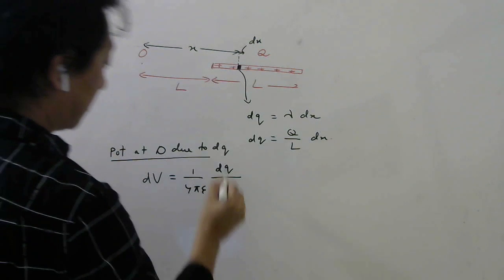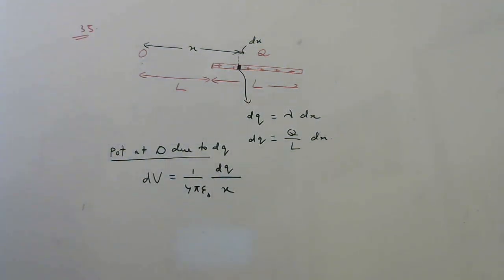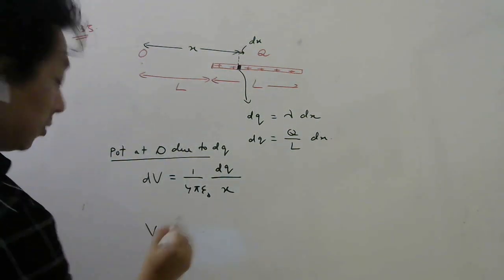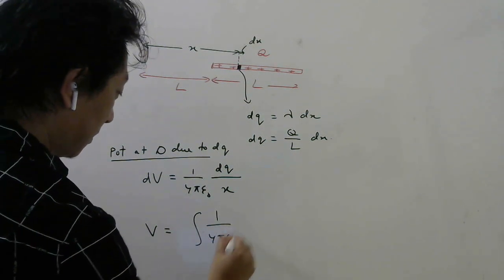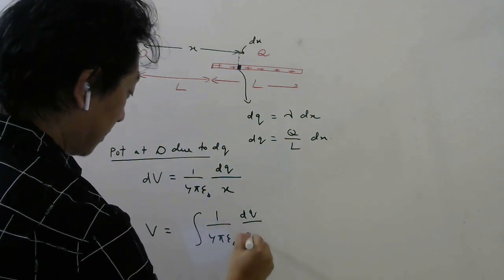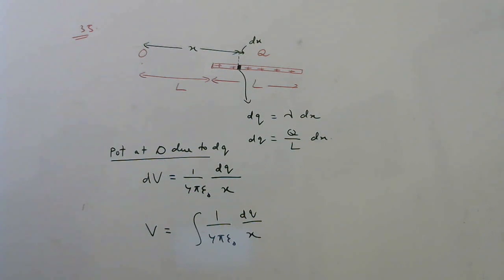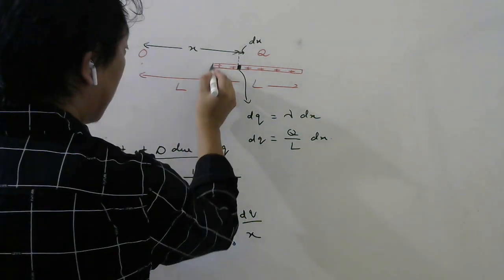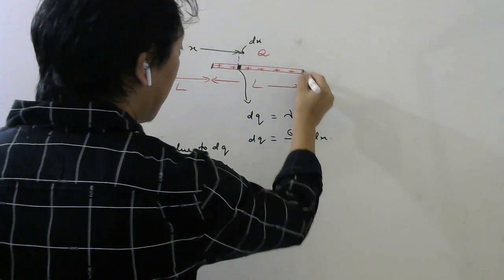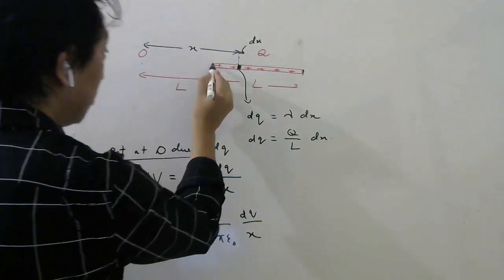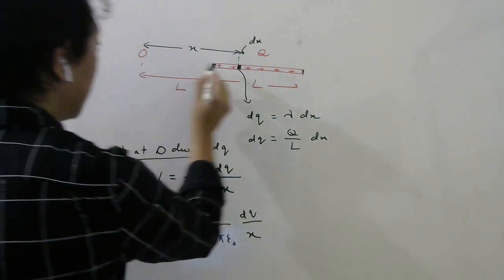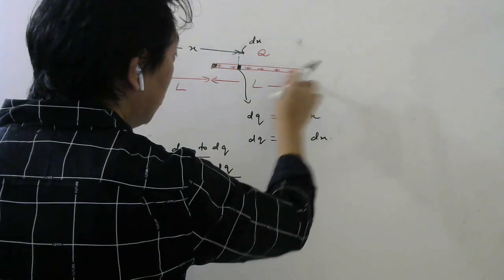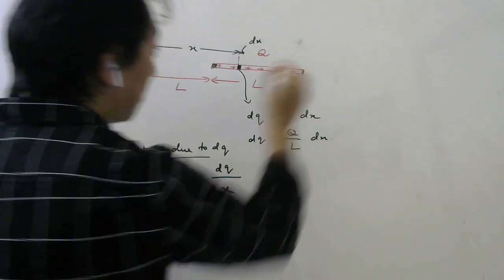Now to find the total, what should I do? Integrate. Now from where to where do I have to integrate? I have to start from this part till I reach this part, because I have to find potential here due to this part, then due to the next part, like that I have to integrate till I reach this part.